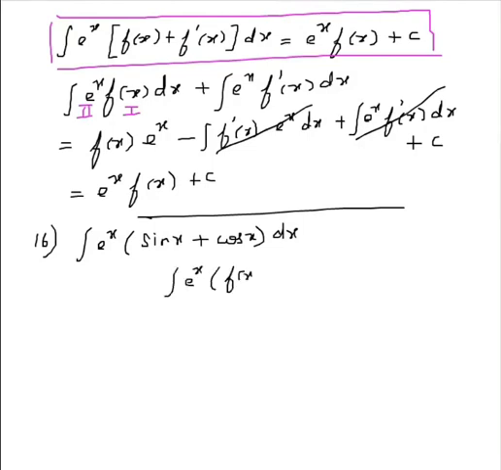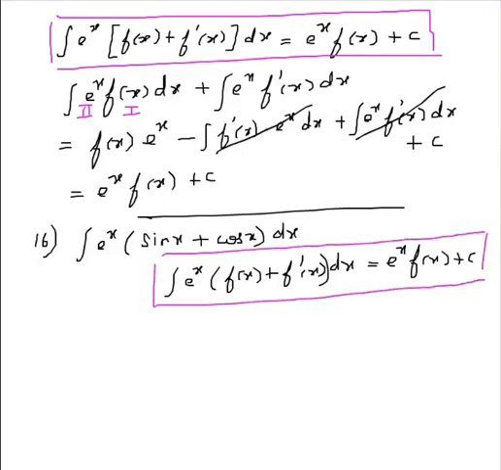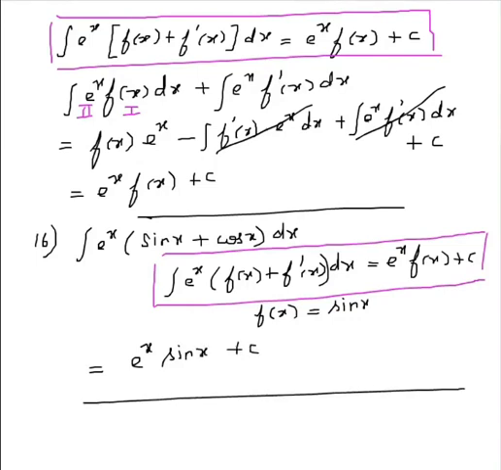Integral e power x times f of x plus f dashed of x dx becomes e power x f of x plus c. And here f of x is sin x and f dashed of x is cos x. Therefore, the answer for this question is e power x f of x, which is sin x, plus c.